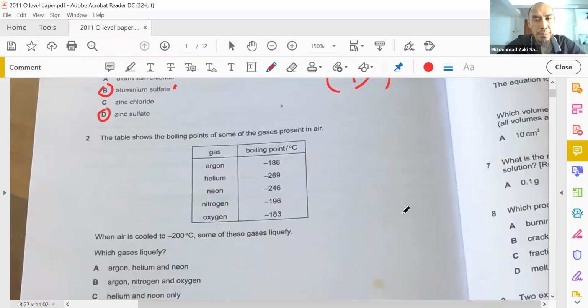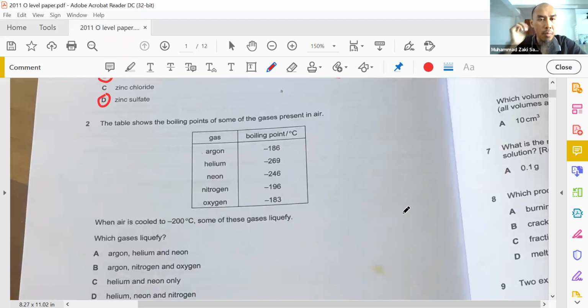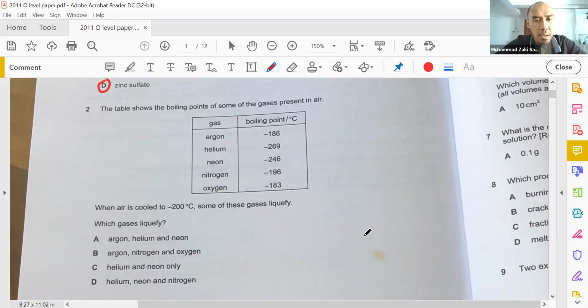Question number 2. The following shows the boiling points of gases present in air: argon, helium. So when air is cooled to -200 degrees Celsius, which gas liquefies? As we have learned in Sec 3, if you remember, above the boiling point, it should be gas, right? Below the boiling point should be liquid.